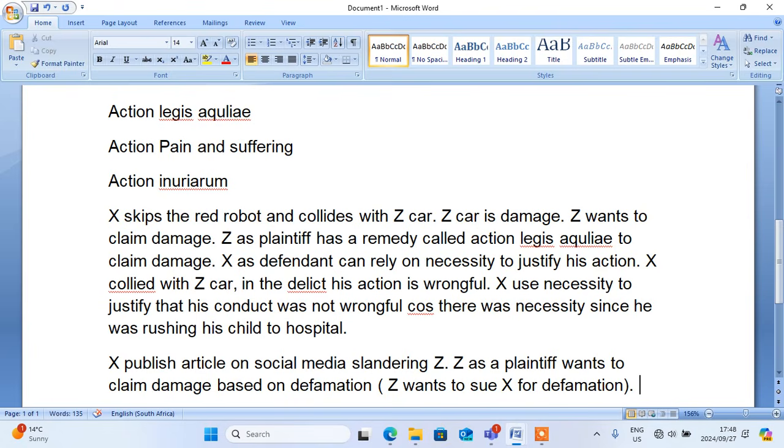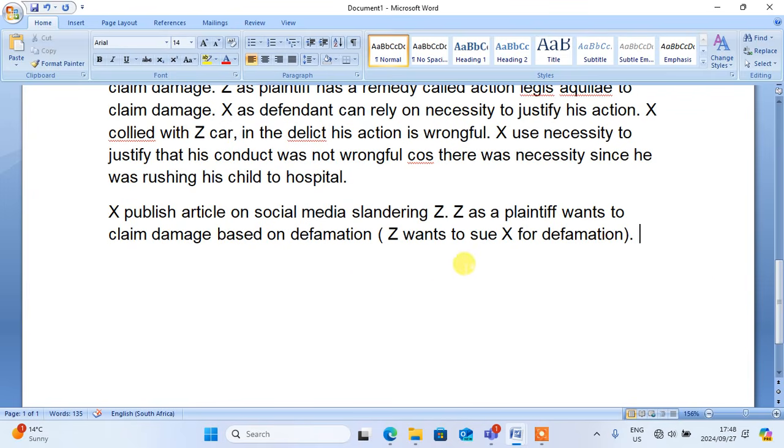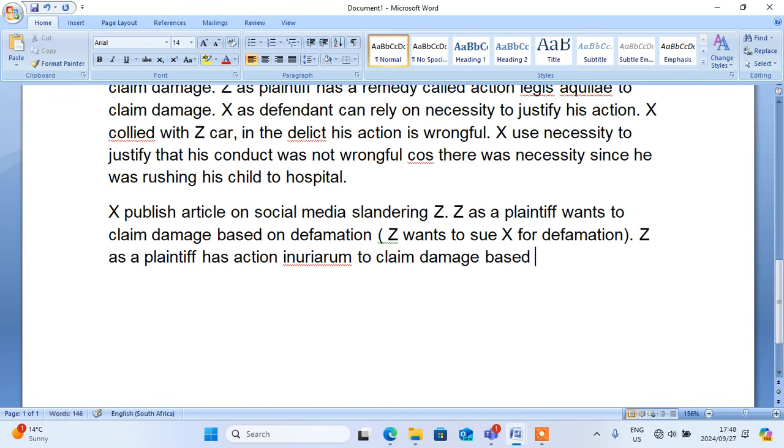Now, in this regard, as the second example, because Z wants to sue X for defamation, Z, as a plaintiff, has the actio iniuriarum to claim damages based on defamation.